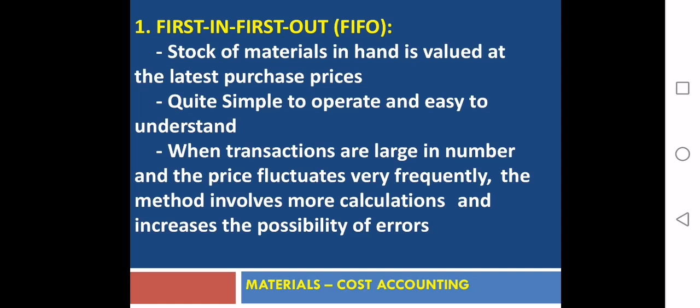Sometimes in a month we purchase 100 times, and 100 times the price is varying. In this case there is a chance of error in calculating the price because of the numerous transactions and fluctuation in the price. That is the only possible disadvantage for this first in first out.